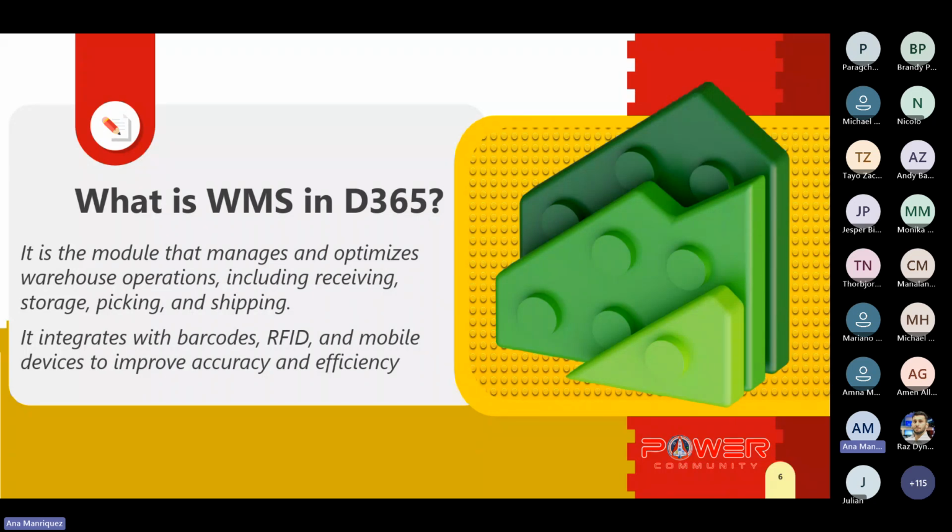It's a module. It manages and optimizes the warehouse operation, including receiving, storage, picking, and shipping. But the more important thing is that it works in a cross-functional manner. You can see WMS in production, sales orders, procurement, and quality orders. It's every part. So it's not only that I made some configurations.